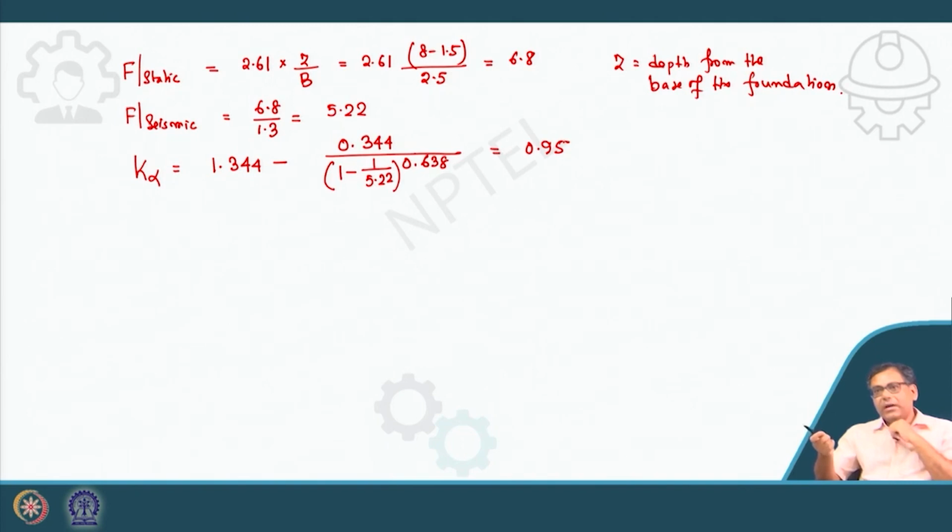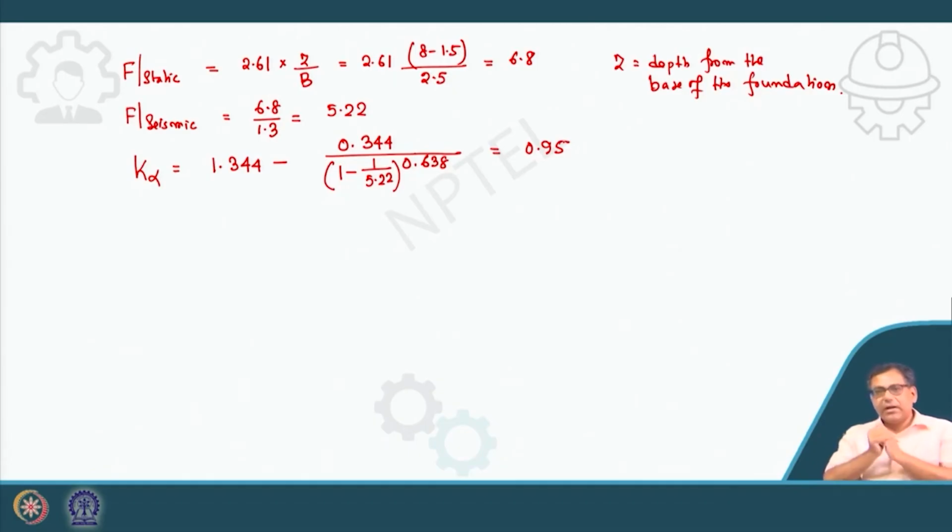So this K alpha value will increase, and you will go to a value equal to 1 if the effect of the foundation stress is 0 or negligible.